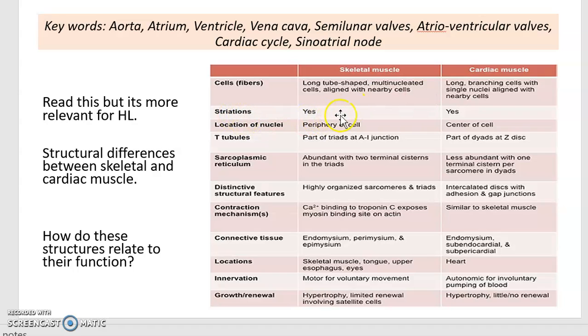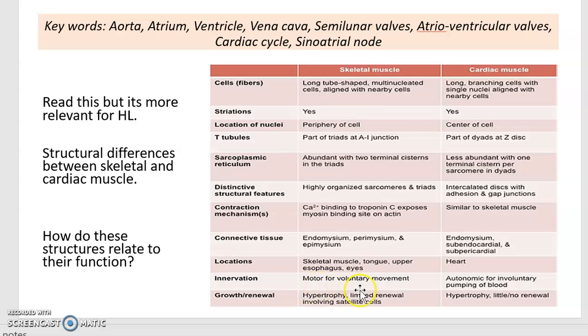The striations is the stripy appearance, and that's true of skeletal muscle and cardiac muscle. T-tubules are membranous invaginations, which allow, in particular, calcium to move, which causes the muscle to contract. Again, this part and the sarcoplasmic reticulum, which is a developed endoplasmic reticulum, is only important for those of you that are in higher level, not at standard level. So I think, read that. Anything that pops up that you're not sure of, then let me know.